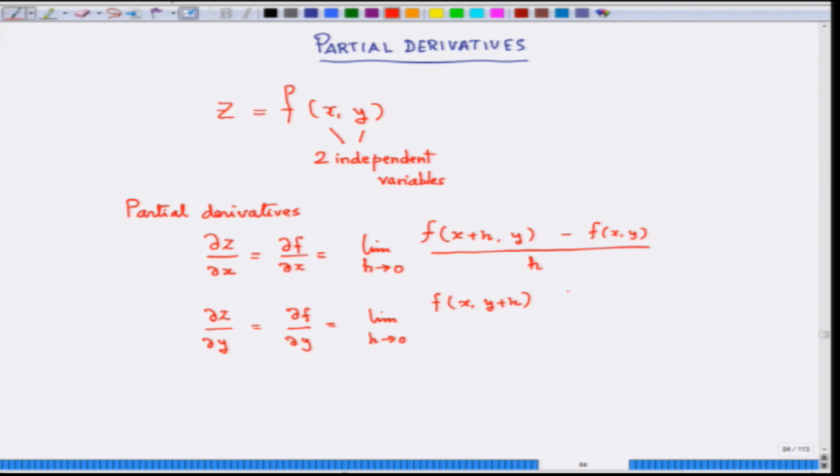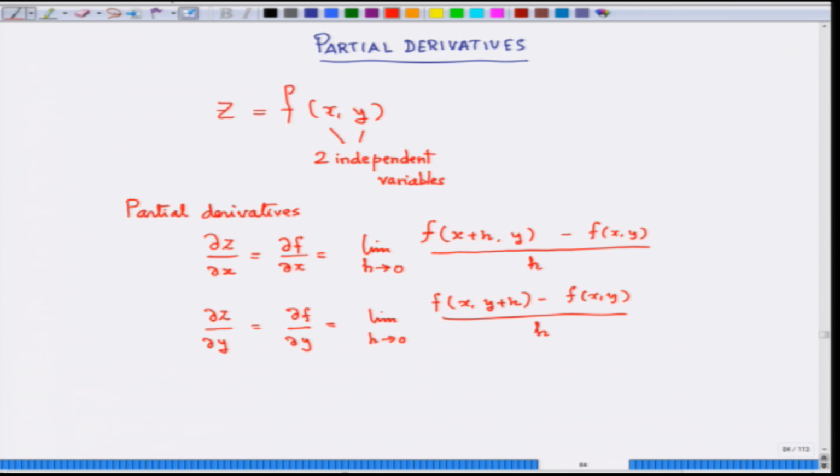So, f(x, y+h) minus f(x, y) by h. Remember, this is nothing but taking the ordinary derivative, because these limits are not limits of functions of two variables, but functions of one variable, because x is constant here.